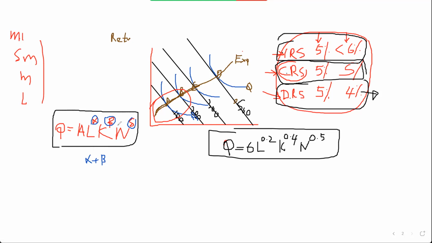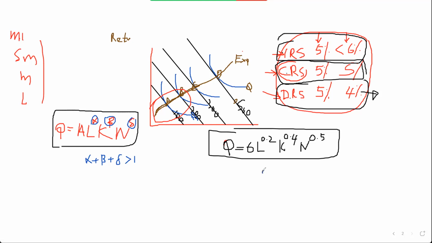This is N, which I use for human resources, human capital output elasticity. Adding those elasticity values, if it is greater than 1.